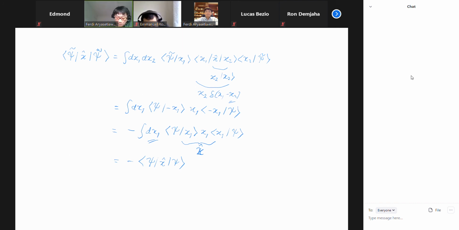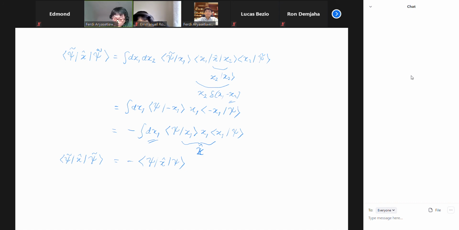So we say that the expectation value of the position operator in the tilde state is equal to minus the expectation value of the position operator in the original state.